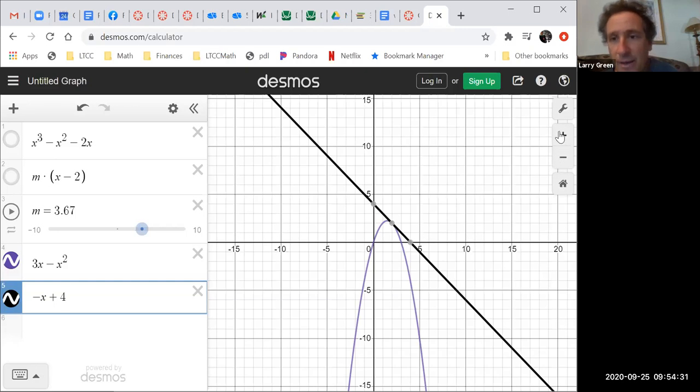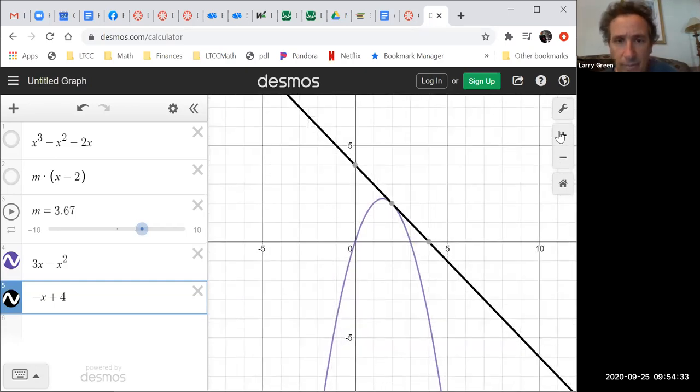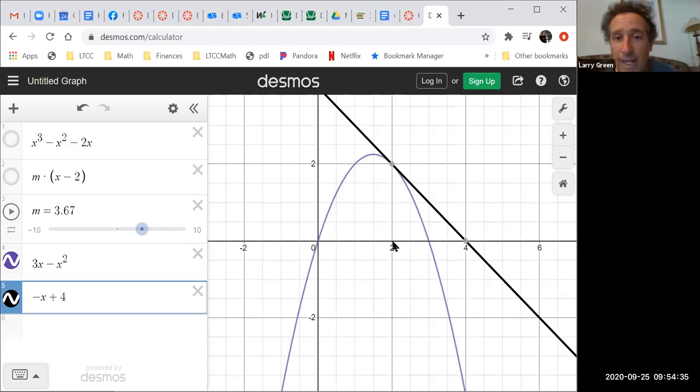And let's zoom a bit. Does that look about right if we're at the point 2, 2? Does that line look like a tangent line to this graph? Okay, so a question was asked, is it okay to leave it in point slope form?